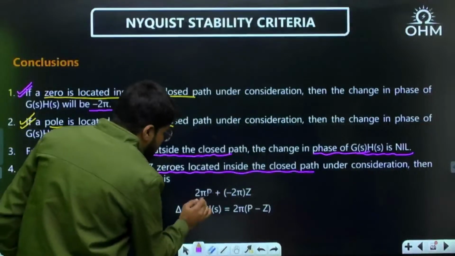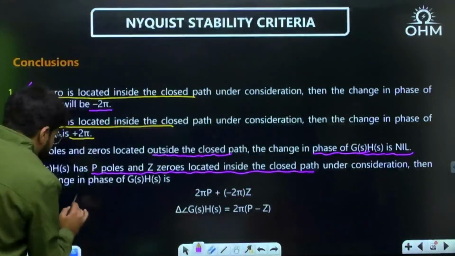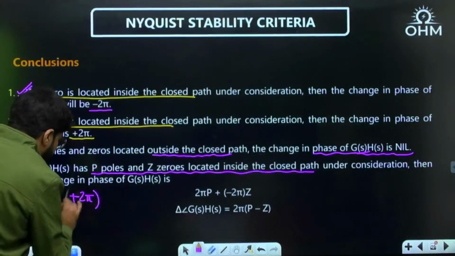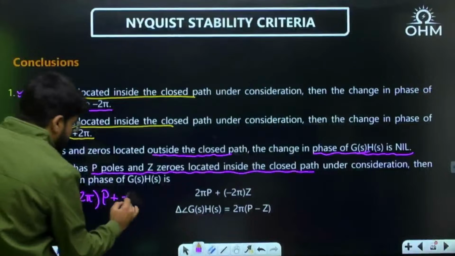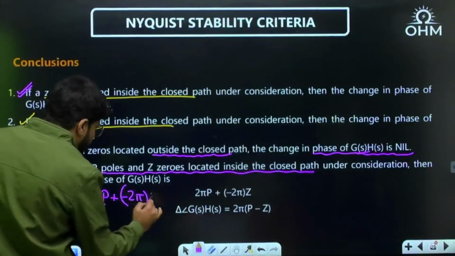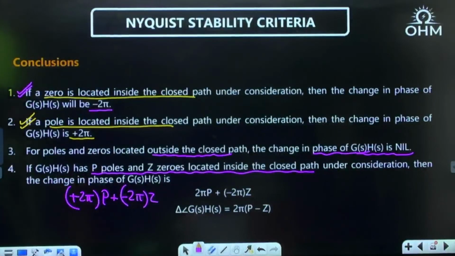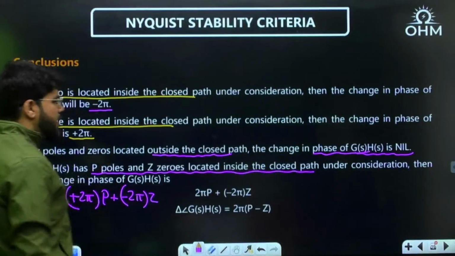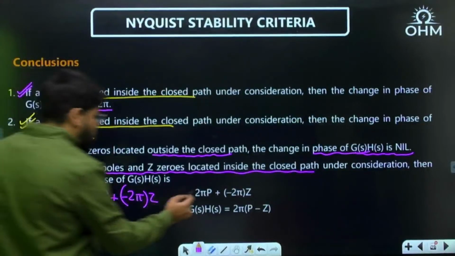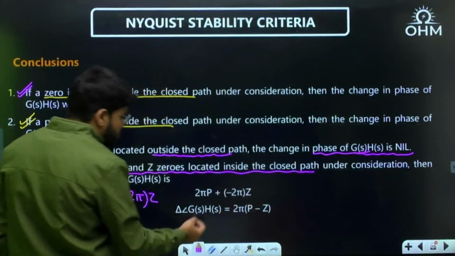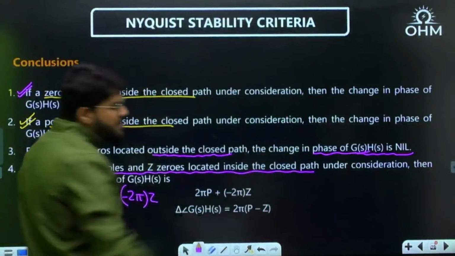So if there are p poles, it is plus 2 pi into p. If there are z zeros, so minus 2 pi into z. Correct? Right. So that is why 2 pi into p and minus 2 pi into z. So total change is 2 pi (p minus z).